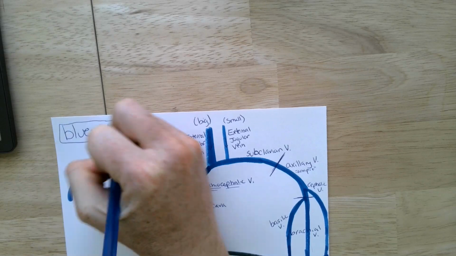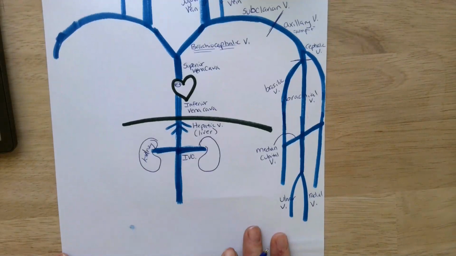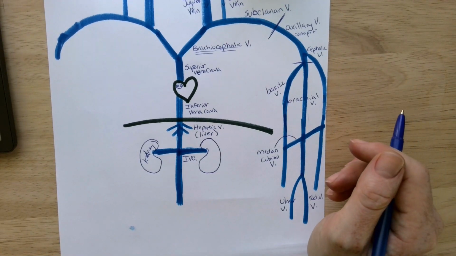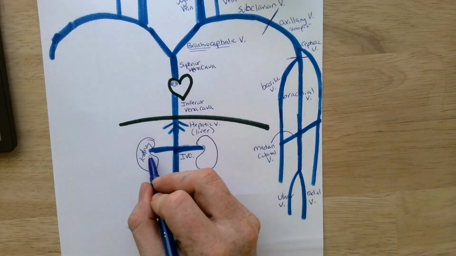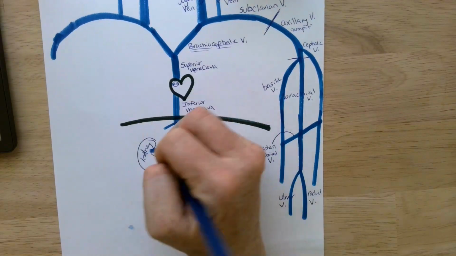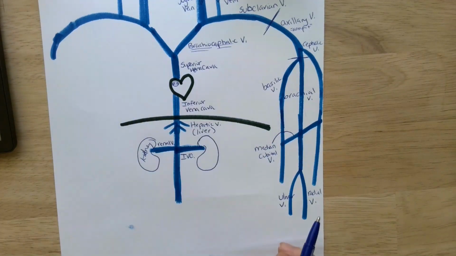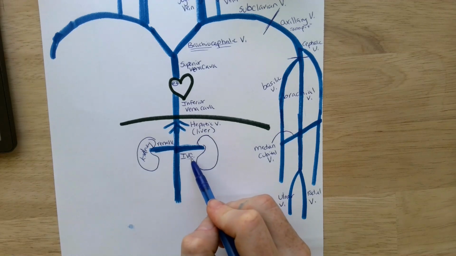The only exception would be the pulmonary veins. Other than that, the veins are always blue, so if you see a blue on a diagram, it's going to be a vein, and the red will be arteries. So the blue one that's going from the kidney is going to be the renal vein, coming in and emptying into the inferior vena cava.